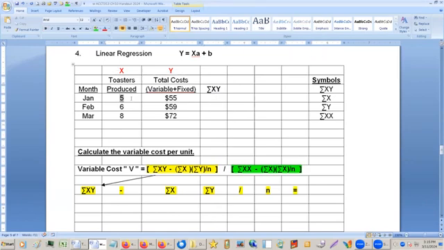So we're going to take x times y. So x times y for the first one is 5 times 55, whatever that is. Gotta turn the calculator on. Write that down. 5 times 55, 275. I'm gonna leave the dollar signs off these just because they're all gonna have that. Okay, so the next one is 6 times 59, 295. And these are the same as those up there.